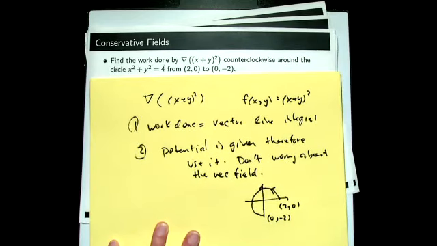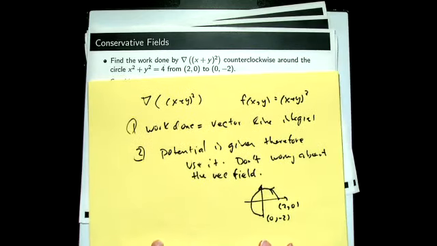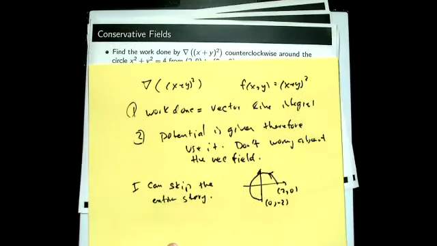So do I need to parameterize? No, I don't need to parameterize. Why not? Because there is a potential. So I can skip the entire story and go to the last page.